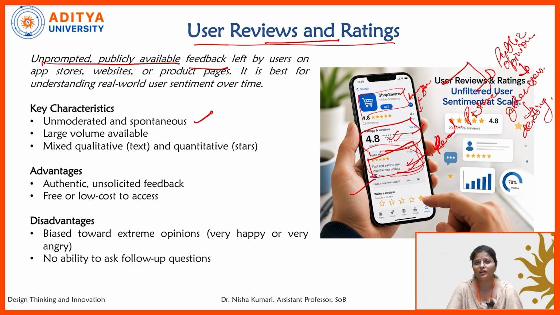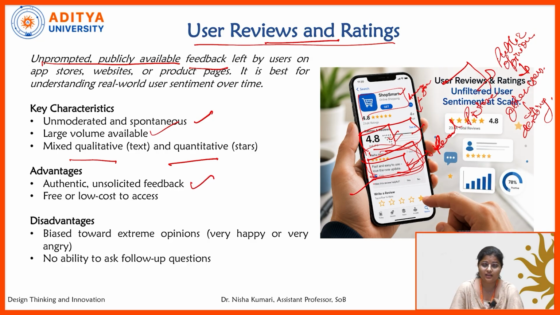It comes spontaneously from the users, in large volume, with qualitative plus quantitative data. The qualitative data is the feedback given by the users, and the quantitative data is these ratings, 4.8, 4.3, 4.5, which we get regarding the impression of that particular product, or you can say the app.